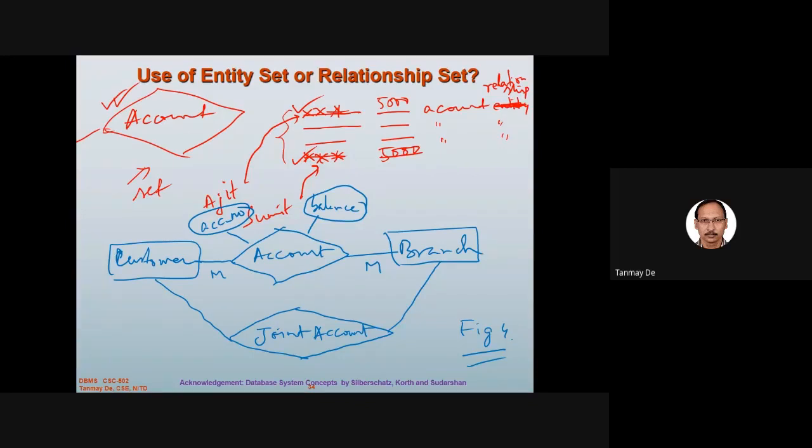That is, we can introduce a separate relationship set that can reflect the joint holder of the joint account. That is, multiple customers have the joint account.